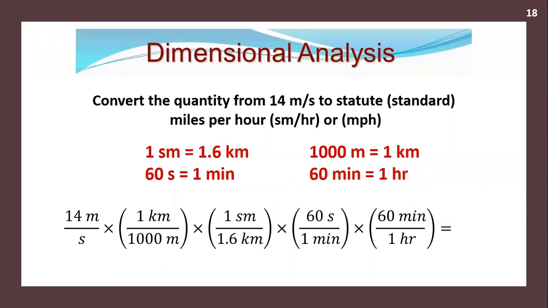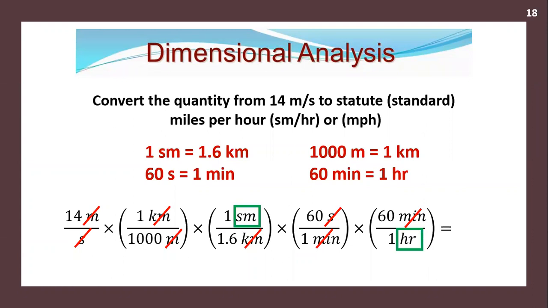Start with 14 meters per second. Use the appropriate unit conversions to convert the units to miles per hour. Based on cross-cancel multiplication, you can change meters to kilometers, then kilometers to statute miles, seconds to minutes, minutes to hours.